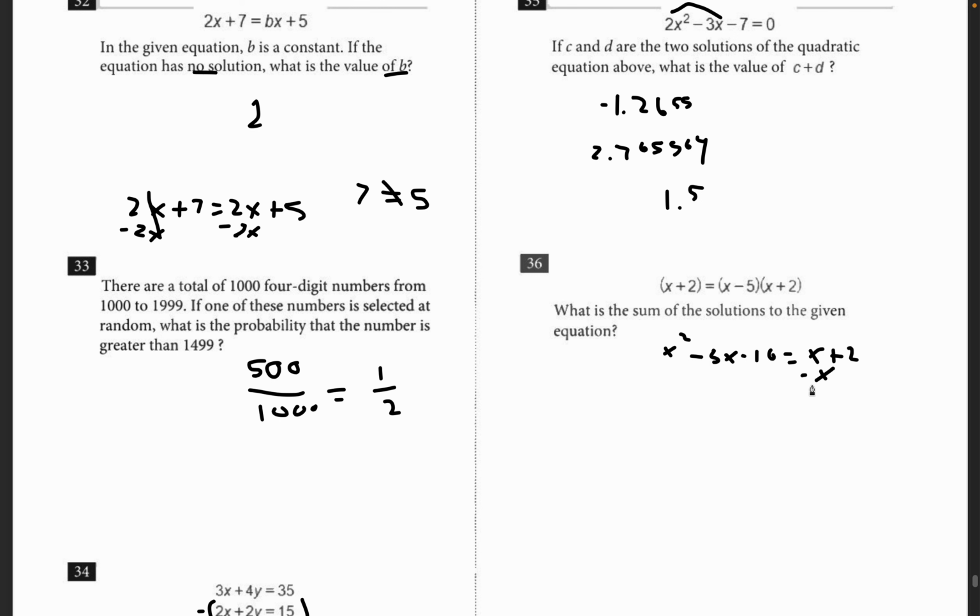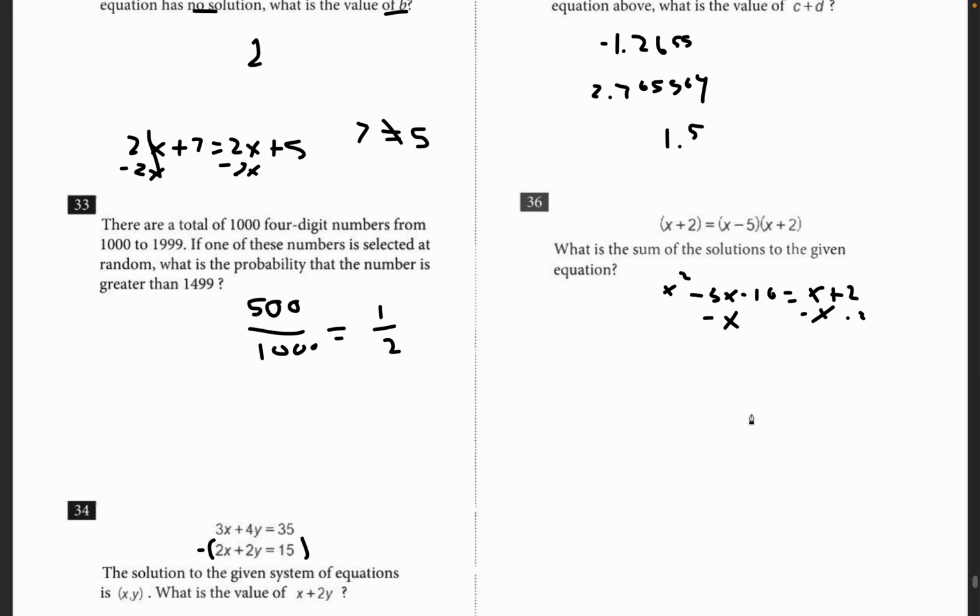Minus x minus 2. X squared minus 4x minus 12 is equal to 0.